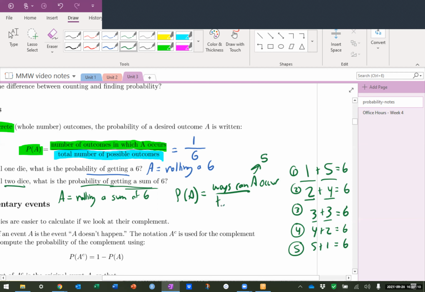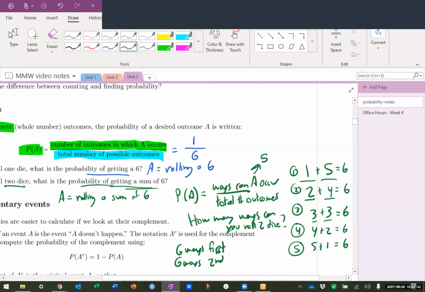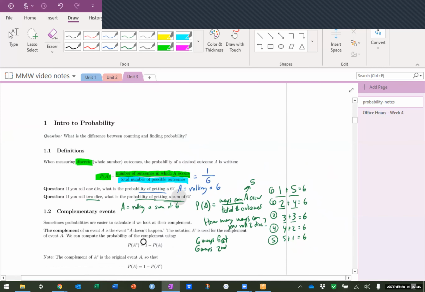And we divide by total number of outcomes. How many ways can you roll a pair of dice? This is a little more counting, but if we can abstract and realize there's 6 ways for the first die and 6 ways for the second, this makes what would look like a table.